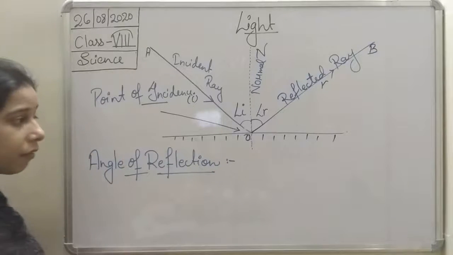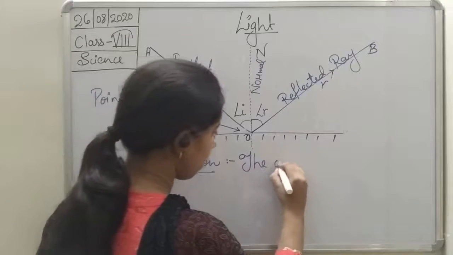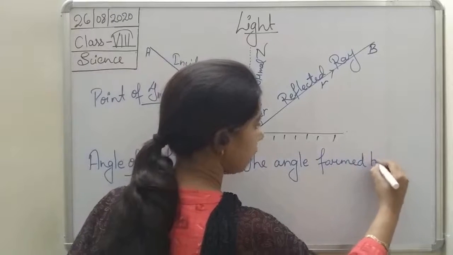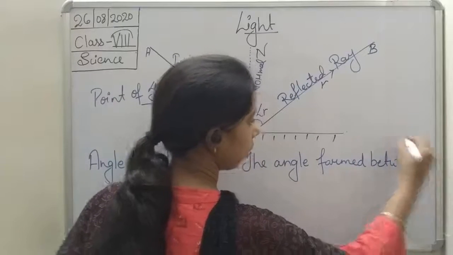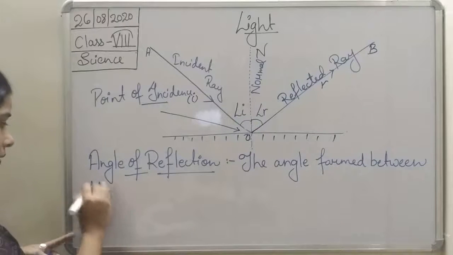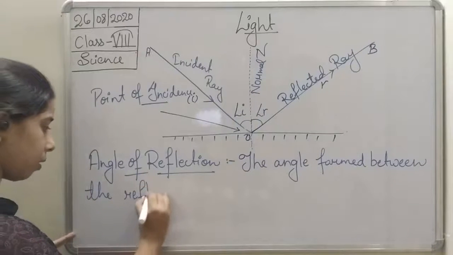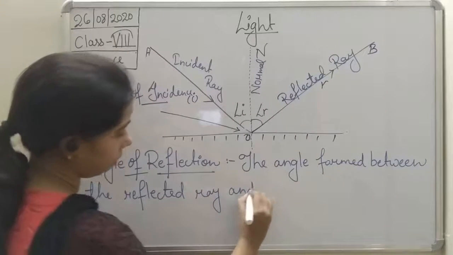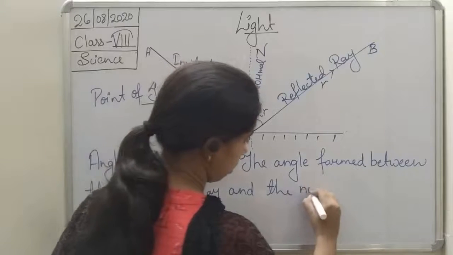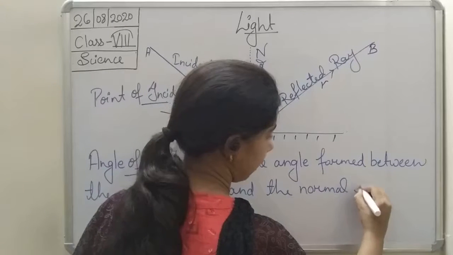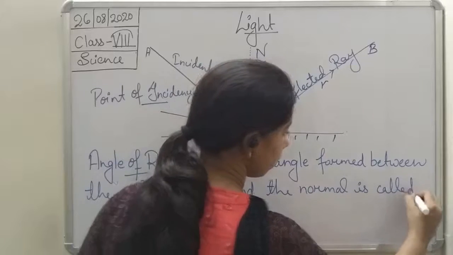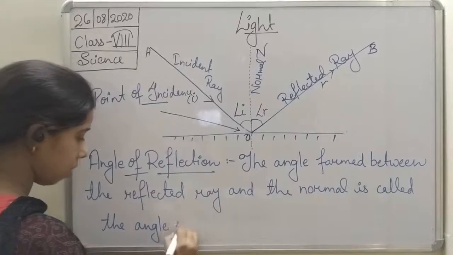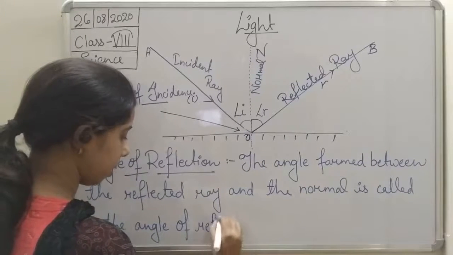In the case of the angle of reflection, the angle formed between the reflected ray and the normal is called the angle of reflection.